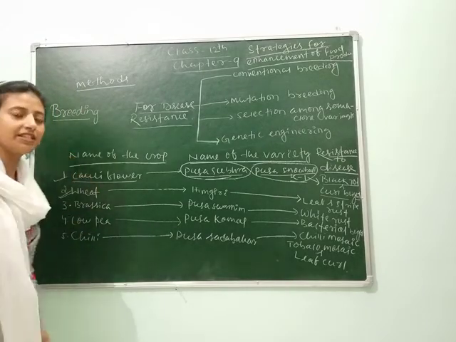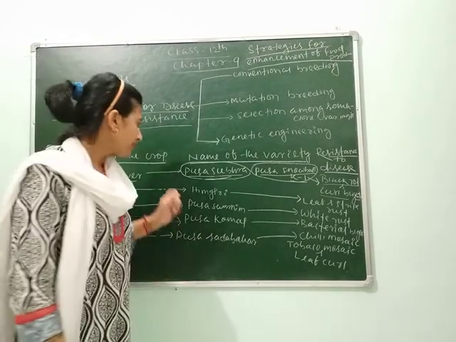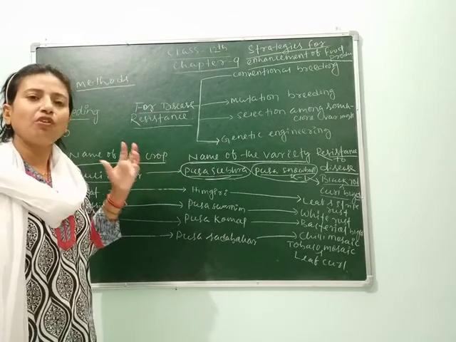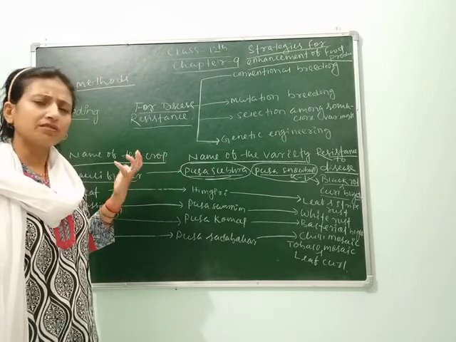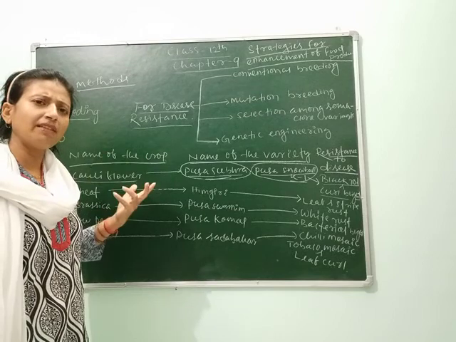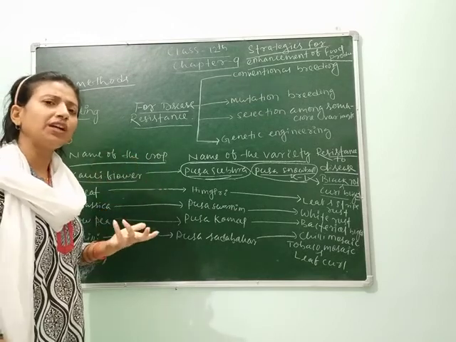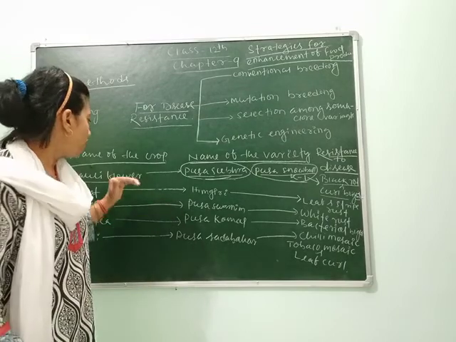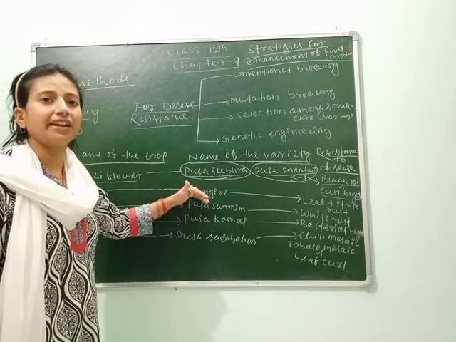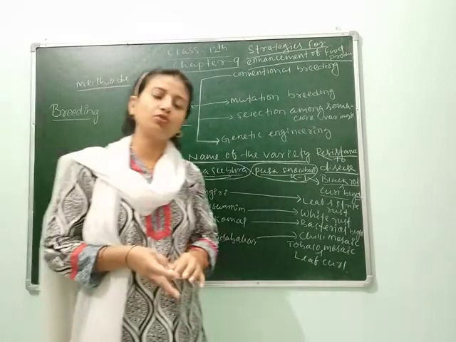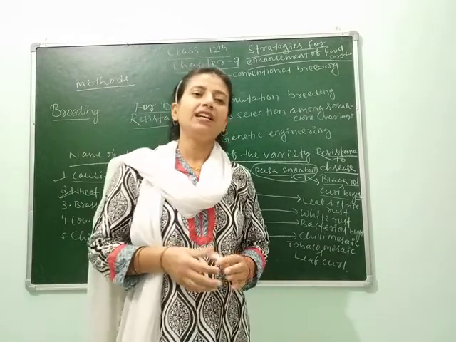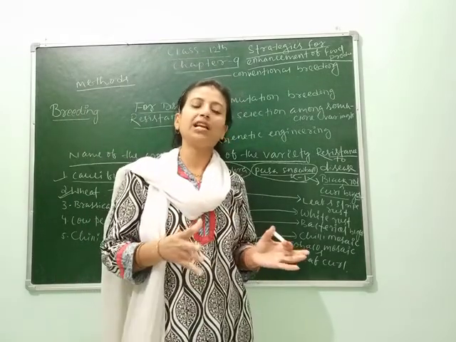Wheat is also a major cereal crop, and in common or normal varieties in which conventional breeding has not occurred, the crop is spoiled due to many disease causing characters. So here Himgiri is the variety. When we go to the shop to buy seeds, we can see various types of seeds.